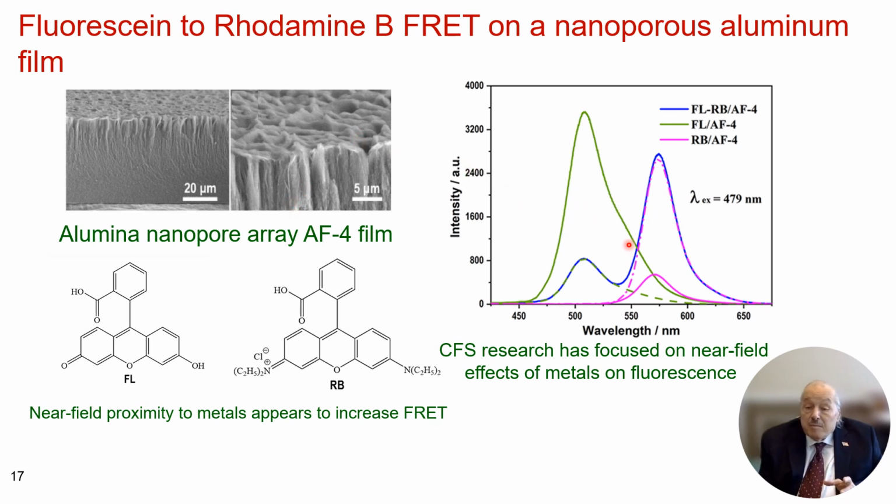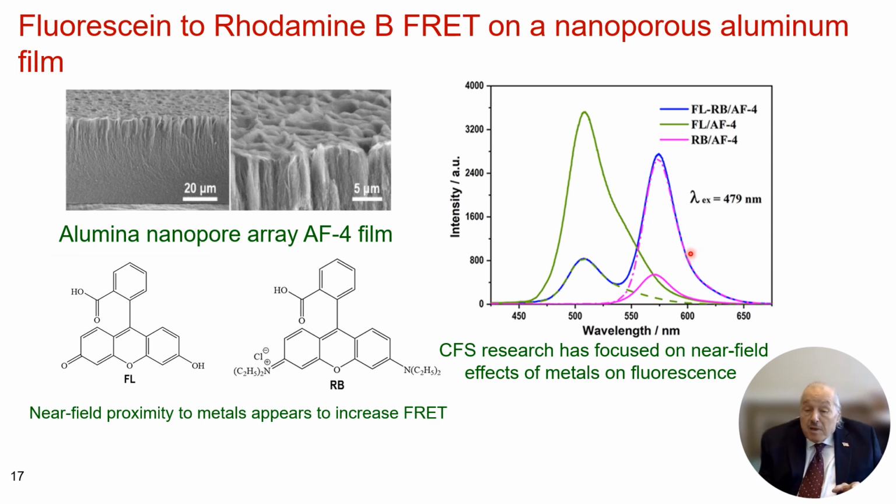And we have the emission spectra here. Here's the emission spectra of the fluorescein alone, and the emission spectra of the fluorescein after the rhodamine is put in. The dashed lines are the separate spectra for each species, but the important thing is that the fluorescein is greatly quenched. The rhodamine is greatly enhanced because of the energy transfer.